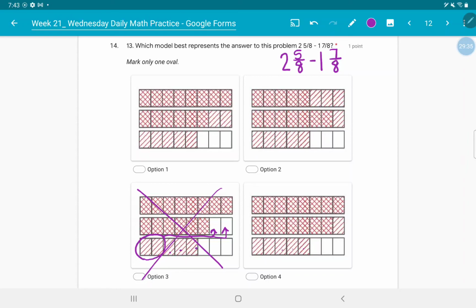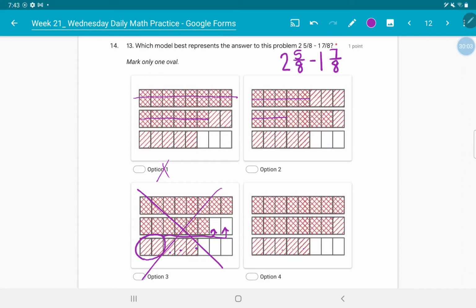So let's look and see which one takes away 1 whole and 7/8 correctly. Okay, so I can see in option 1 they took away 1 whole and 1, 2, 3, 4, 5, 6/8. So that one won't be correct. In option 2, they took away 1, 2, 3, 4, 5/8, 6/8, 7/8, 8/8.